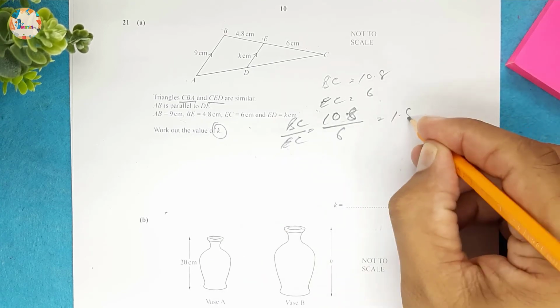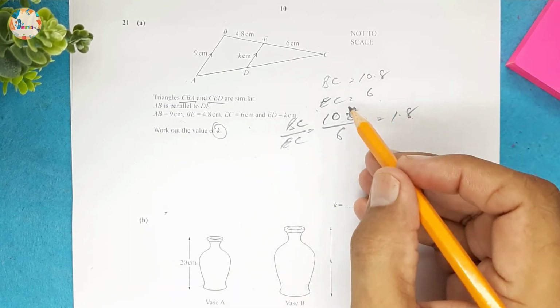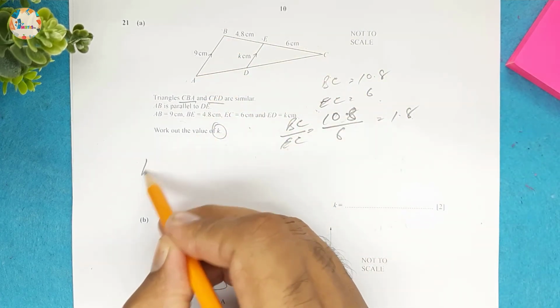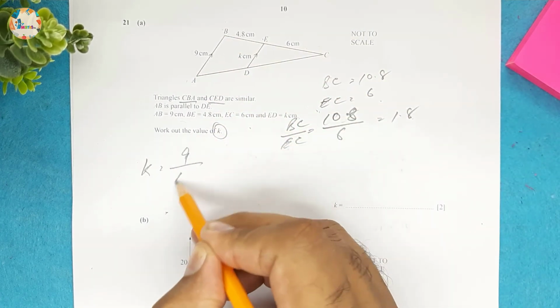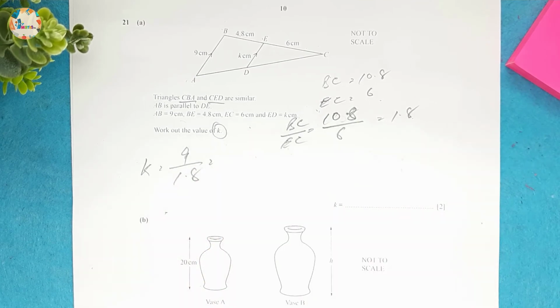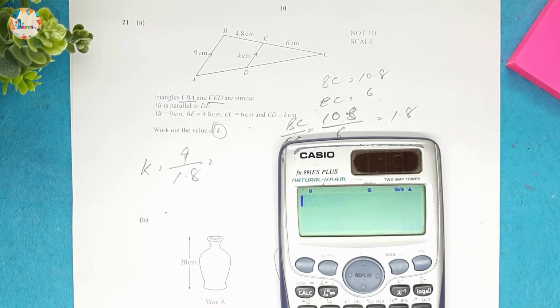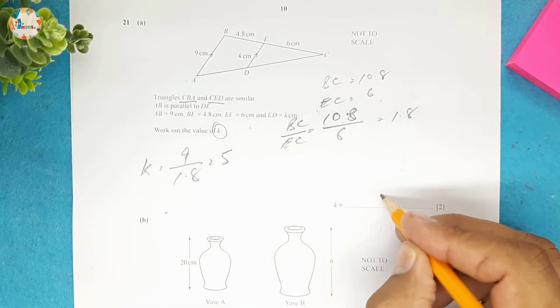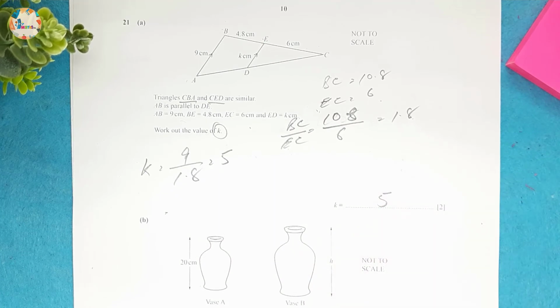So 1.8 I am taking, and if we divide this side, so K will be equal to 9 divided by 1.8, and this will be equal to 5. So 5 centimeters will be our answer for this part.